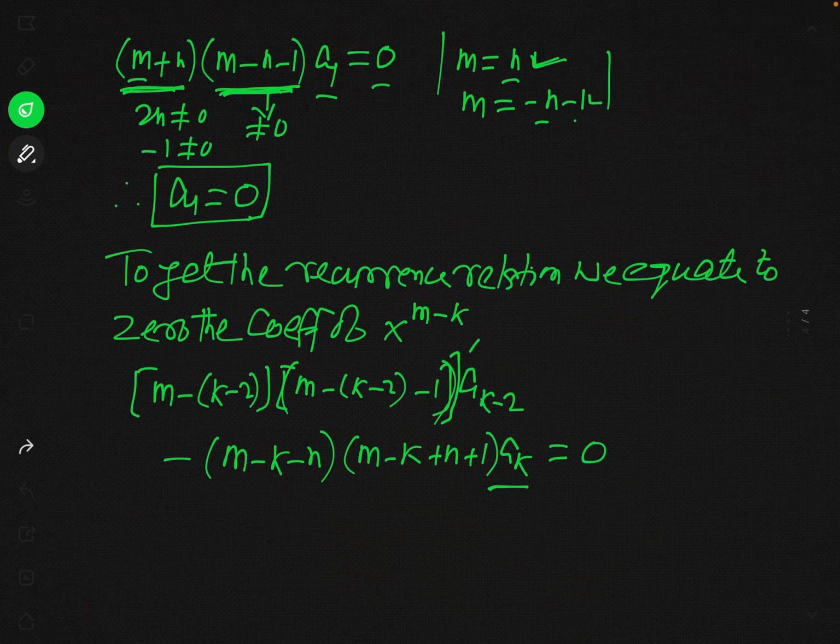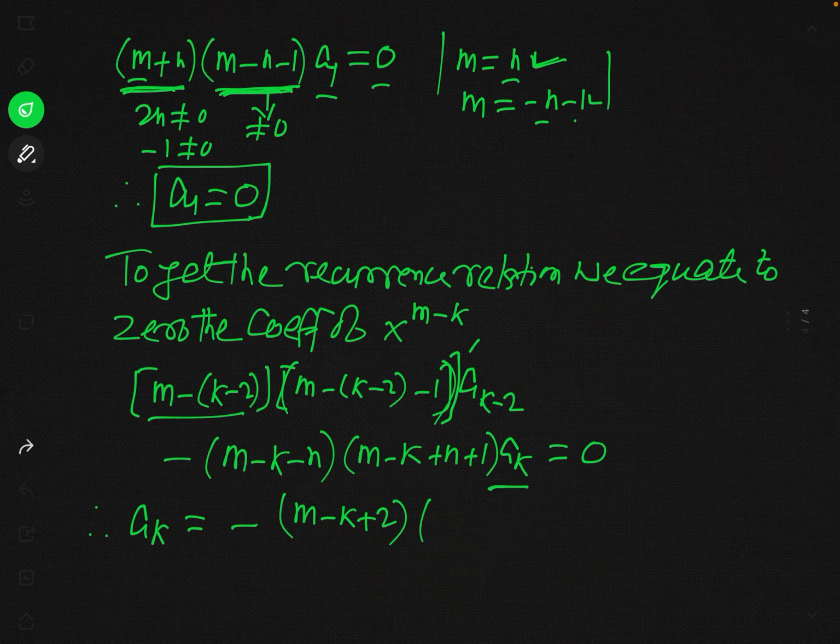And now we can easily obtain the value of this ak from here. You can see, therefore ak will be equal to what? This will be equal to minus, see here, this term will be on the other side.